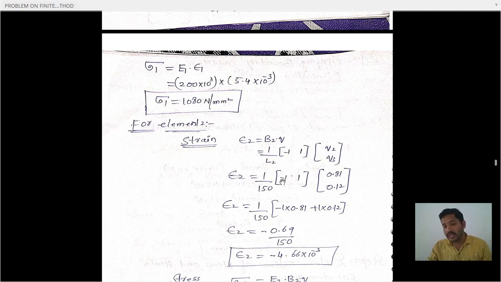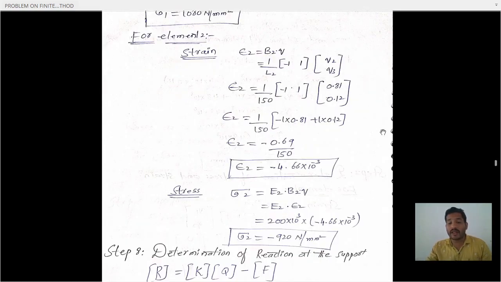So 1 by 150, multiplied by minus 1 into 0.81 plus 1 into 0.12. If you divide, you get a strain of minus 4.66 into 10 power of minus 3. We know strain has no unit; it is dimensionless.